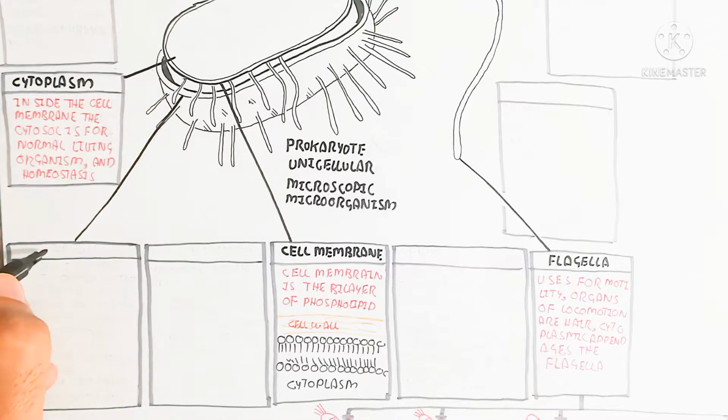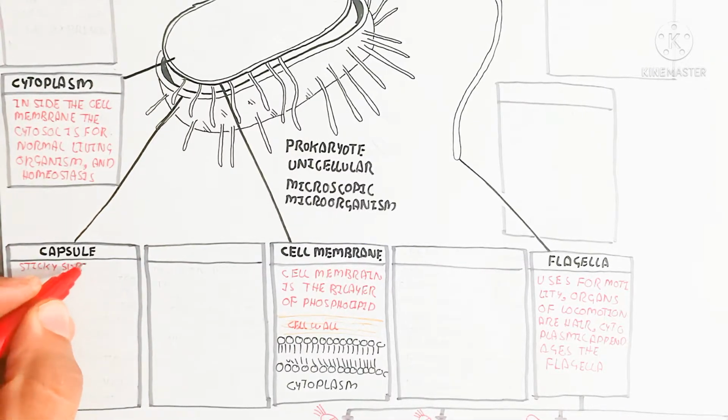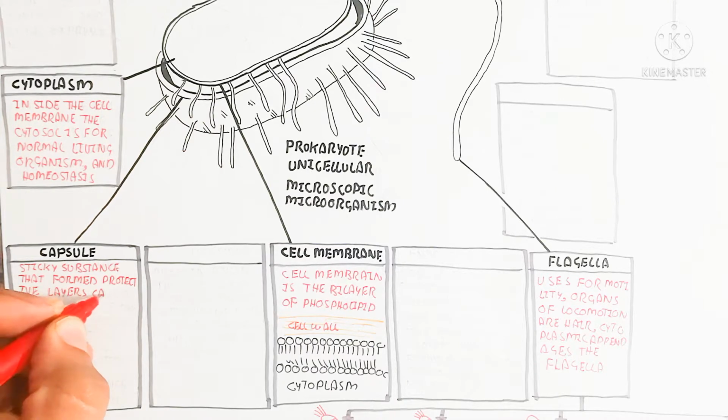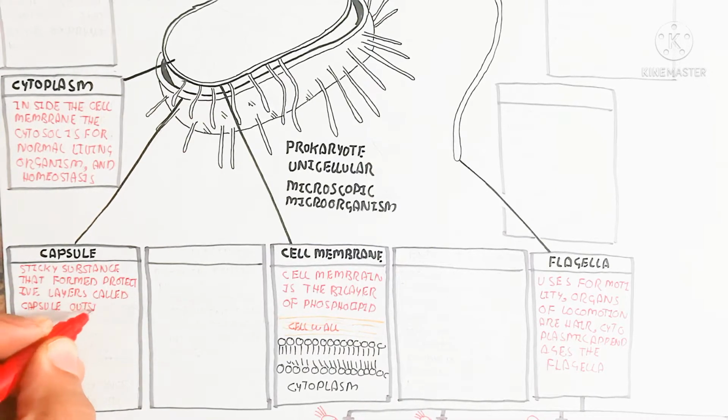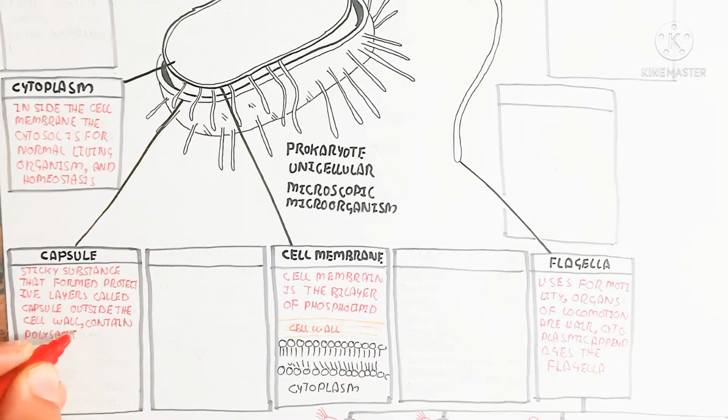On the other hand, here you can see the capsule, the outermost layer of the bacteria, outside the cell wall.